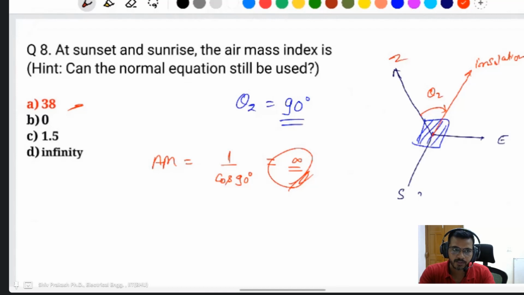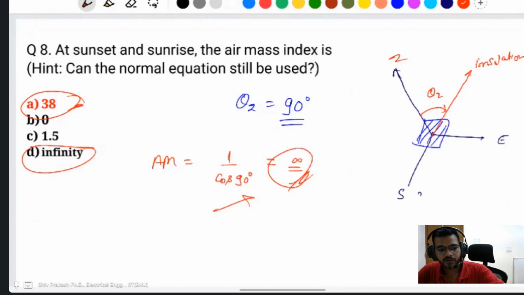That's why it will take a maximum of 38 at sunset and sunrise. It will not go to infinity. By the formula, if theta is 90 degrees, then the air mass index will be infinity, but it will be a maximum of 38 only, approximately 90 degrees, not a pure 90 degrees.